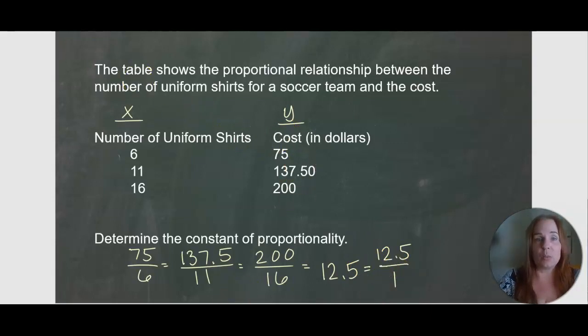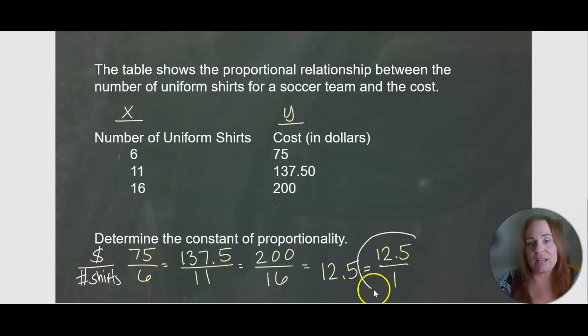And if you look at what I've got on top of my fraction and what's on the bottom, the top of my fraction is the cost, and the bottom of my fraction is the number of shirts. So that means when I found my constant of proportionality, this is the cost for one shirt. Okay, so the constant of proportionality is 12.5.